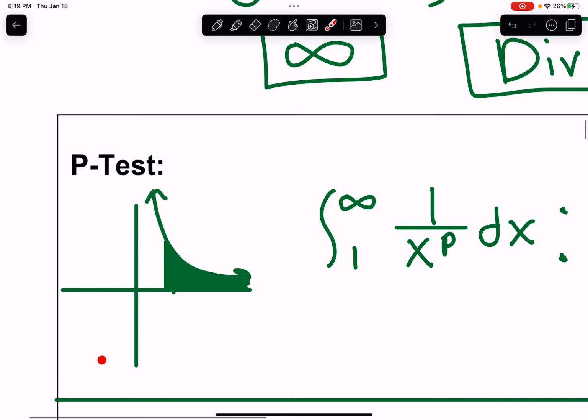Our next tool in determining convergence or divergence is the p-test. The p there is not for proof, the p there is for power. So if we are looking at the integral from 1 to infinity of 1 over x to some power p dx, that power, sorry, let me take it back, any positive real number, we only really deal with positive real numbers.